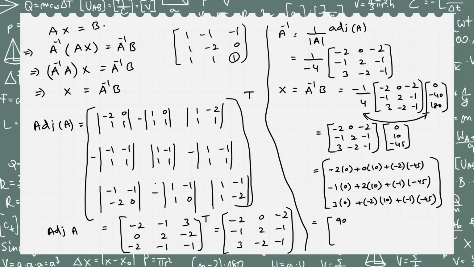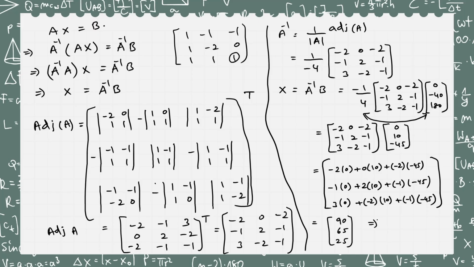And the first entry will give you 0 plus 0 plus 90, so 90. Then second entry will give you 0 plus 20 plus 45. So 20 plus 45 will be 65. And the next entry will be 0 minus 20 plus 45. Minus 20 plus 45 will be plus 25.